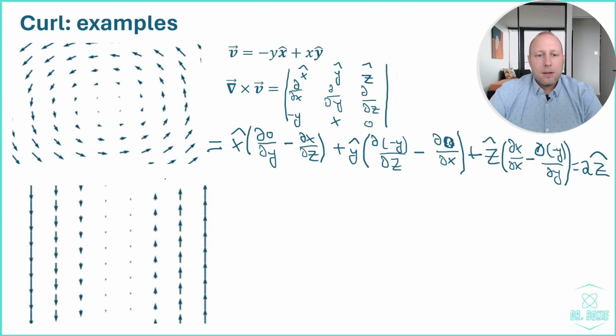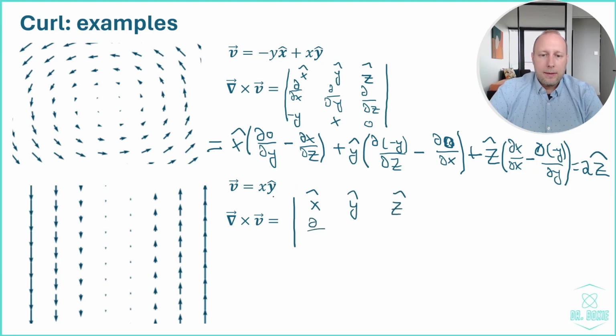The second vector field we considered for curls was this one. It can be expressed as x times y hat. And calculating its curl, we get x hat, y hat, z hat, d/dx, d/dy, d/dz, and the final row is 0 in the x direction, x in the y direction, and 0 in the z direction.